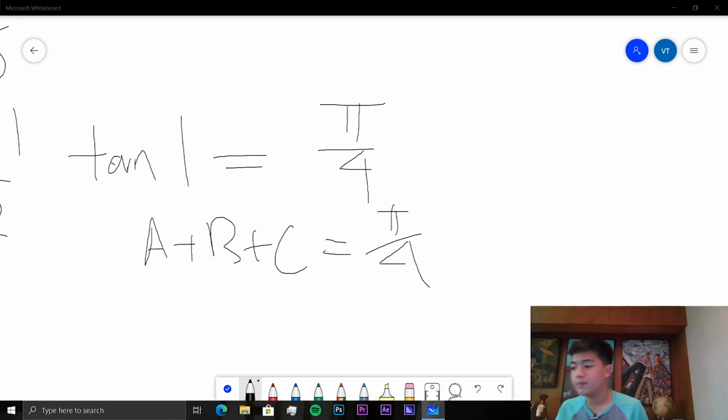And finally, if A, B, and C are the angles of a triangle, show that the sum of their tangents is equal to the product. What? How can A, B, and C be the angles of a triangle when if you add them up, you get pi over 4?